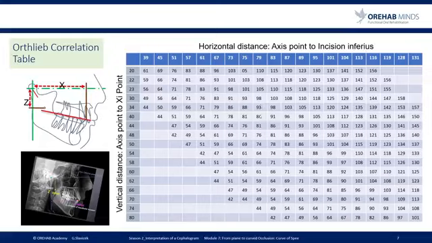And we can now read radius curve of Spee 86. If the measurements are in between two, for example, it's not 79 but 81, so we are between these two, then we have to make an interpolation.